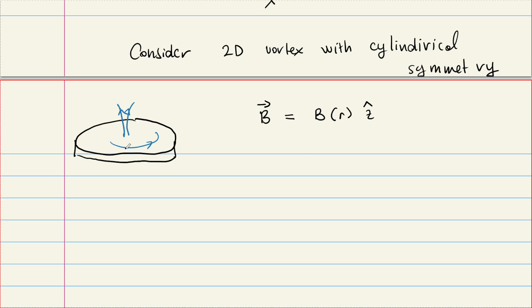The only B is going to be along here. And I can open that Laplacian. If you open the Laplacian, what you have is 1 over r d/dr of r dB/dr is equal to 1 over lambda squared B. So now this is not a vector anymore, right? I took out the vector component.